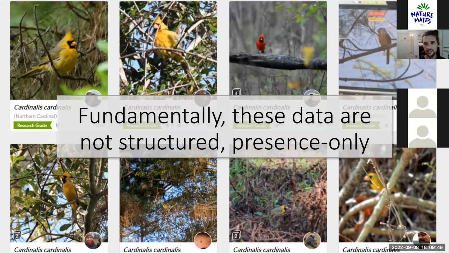One vignette highlighting this problem is if I were to use iNaturalist to examine the relative abundance of cardinal color morphs at the University of Florida's campus, you will see that most of the cardinal observations are of yellow cardinals, but I can state with high confidence that this was just one individual cardinal getting repeatedly photographed by exuberant birders, and red cardinals are indeed the dominant color morph. Obviously, these data present major challenges to examining questions related to abundance.